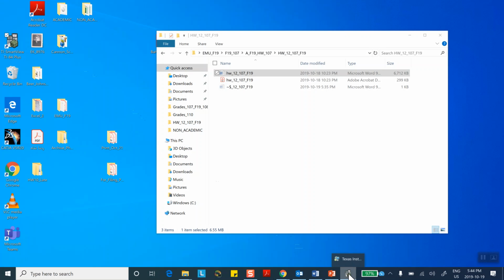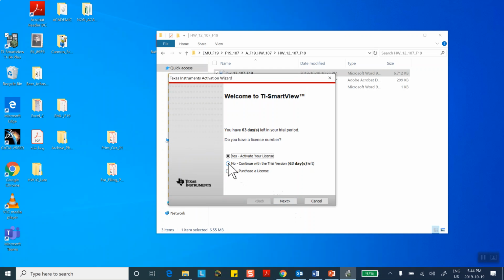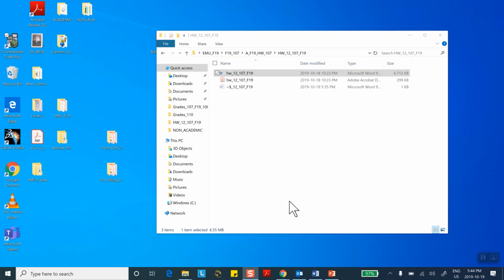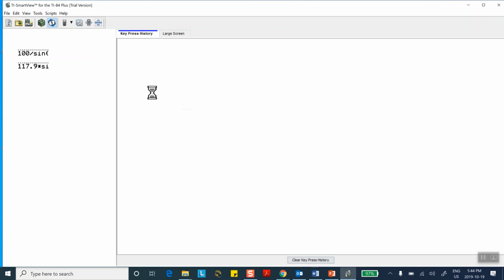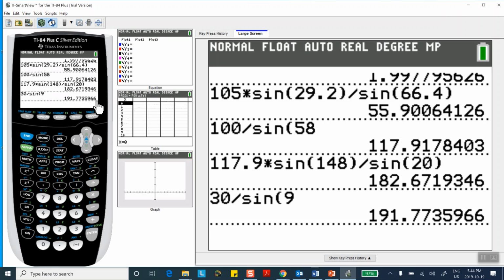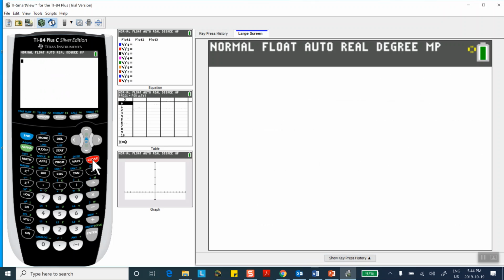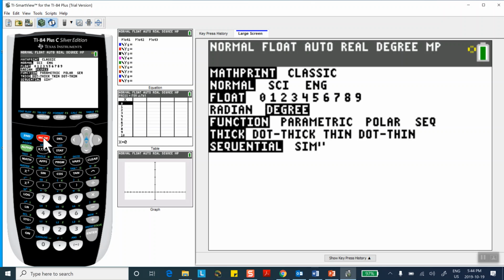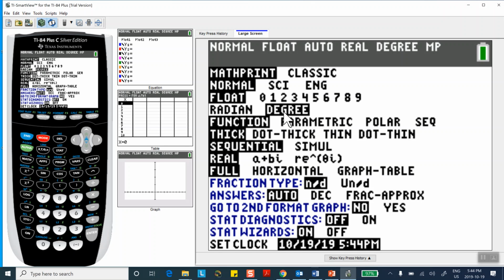While this is booting up, we have 63 days left to use this free of charge. Let me clear everything. Make sure that the calculator angle is on degree mode, and it is on degree, right here you can see that. Okay, and let's plug it in.